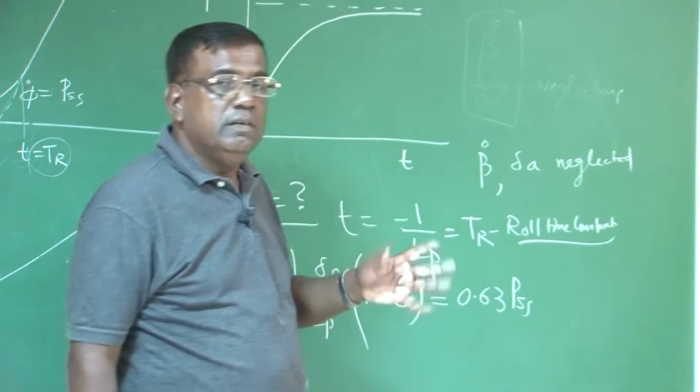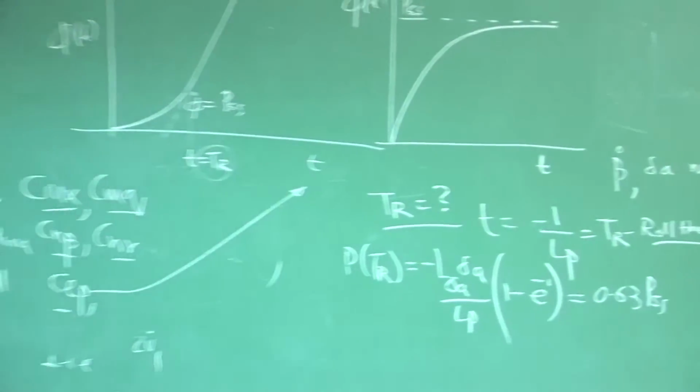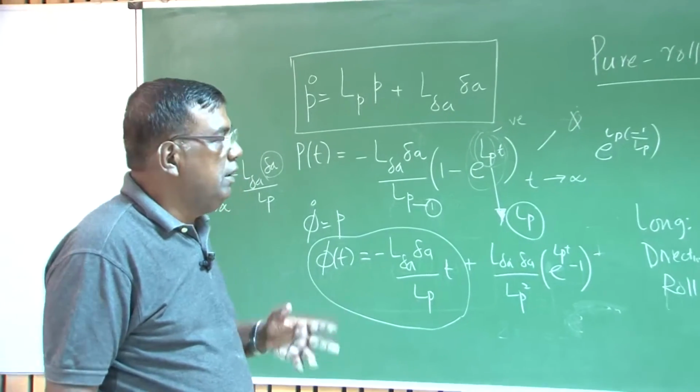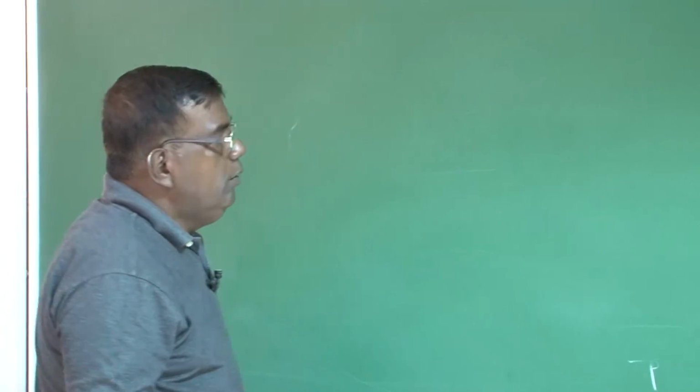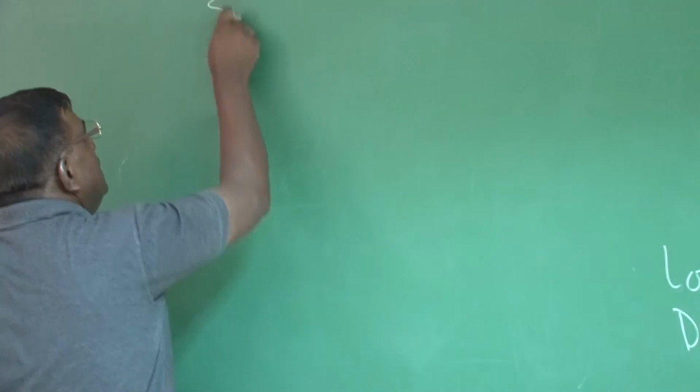In most of our designs, you will find this 63% of the steady state value plays an important role in freezing the initial design parameters. So I thought I must complete this. Now, I think we are ready for venturing into the stability augmentation system.